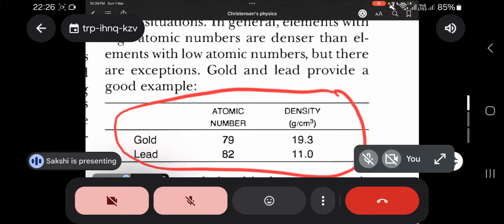Then you will be confused that I have studied higher atomic number means higher density, then why is this so? Obviously, because these are exceptions. That's it. So just write down two lines: higher atomic number is directly proportional to higher density, and then write the exceptions also. Once you're done, let me know.